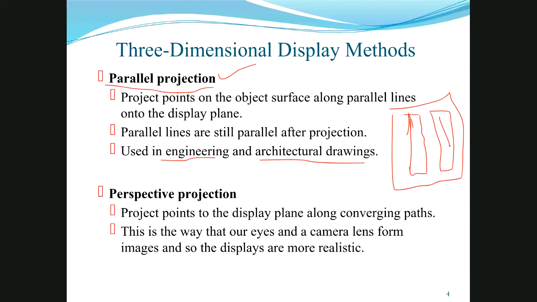Then coming to perspective projection. Perspective projection means the projected points are displayed on the plane along converging paths. This is the way our eyes and camera lenses form images, so the displays are more realistic.